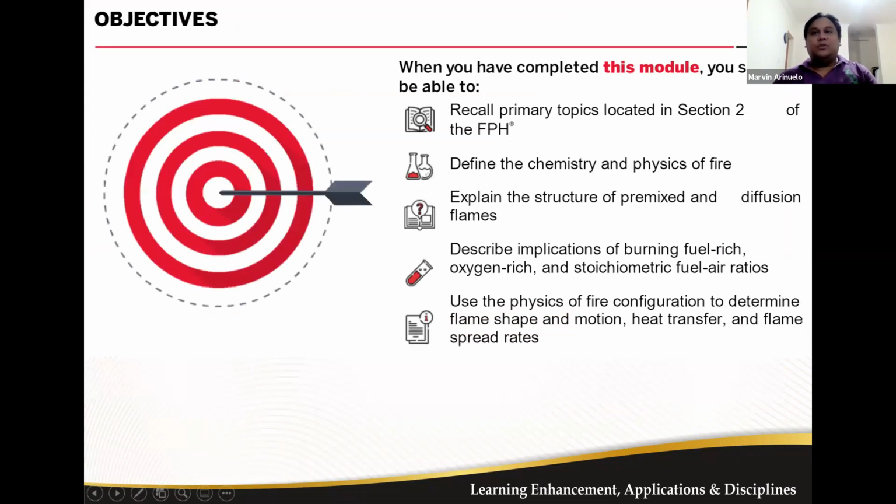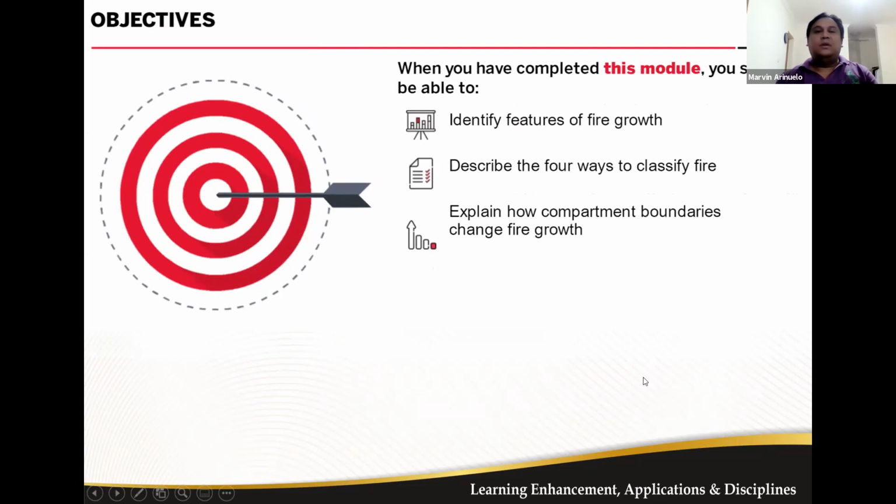If we complete the module, we'll be able to recall the topics related to Section 2 of the Fire Protection Handbook, define the chemistry and physics of fire, which try to explain the structure of premix and diffusion flame, describe implication of burning fuel-rich, oxygen-rich, and stoichiometric fuel-air ratio, and use the physics of fire configuration to determine the flame shape and motion, the heat transfer, and flame spread rates.